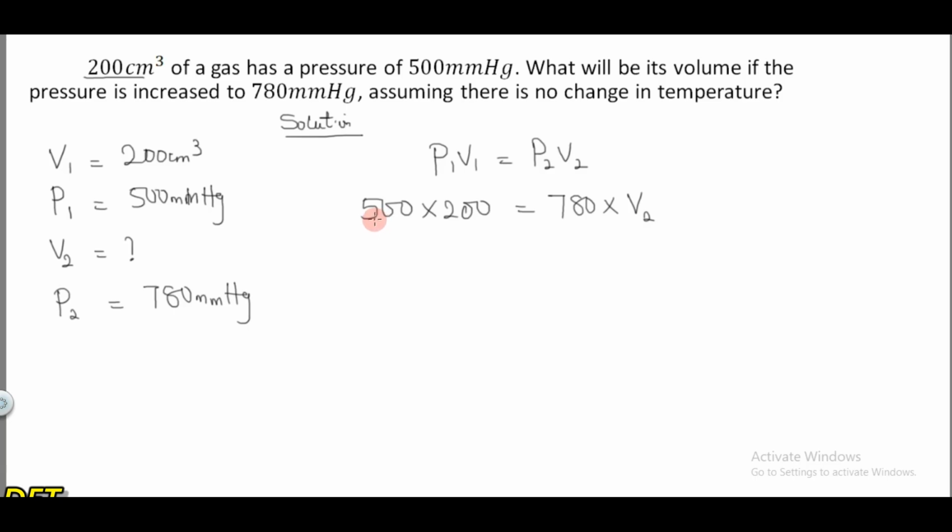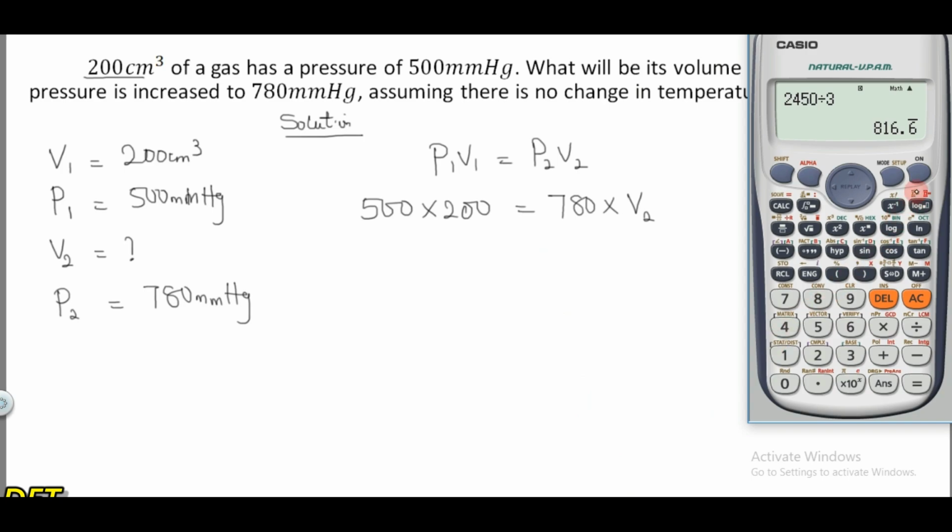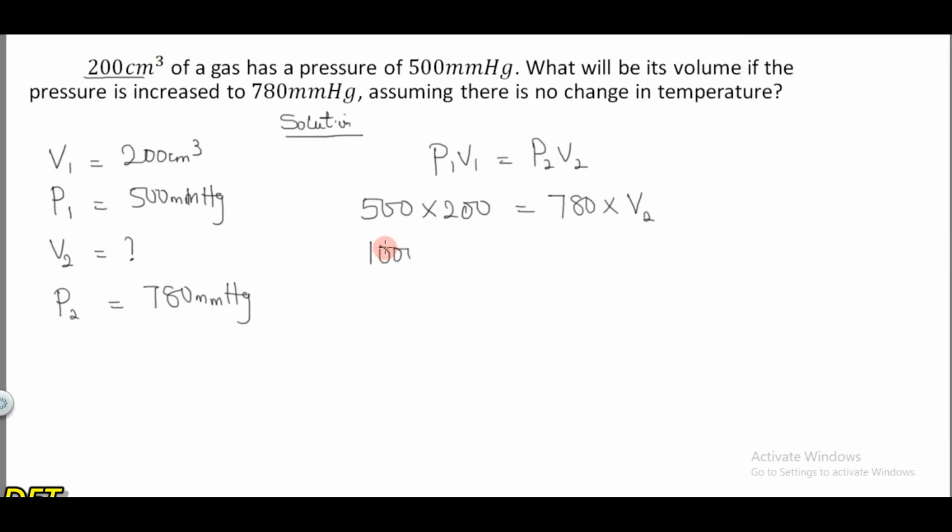So 500 times 200, if I bring out my calculator, 500 times 200 is equal to 100,000. So that will be 100,000, which is equal to 780 times V2, that will give me 780 V2.